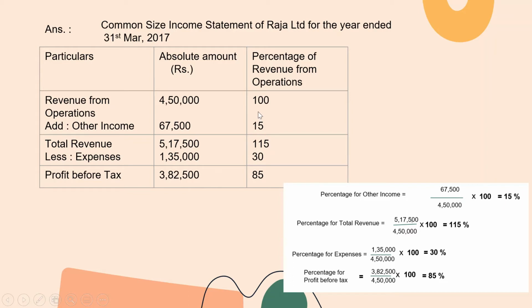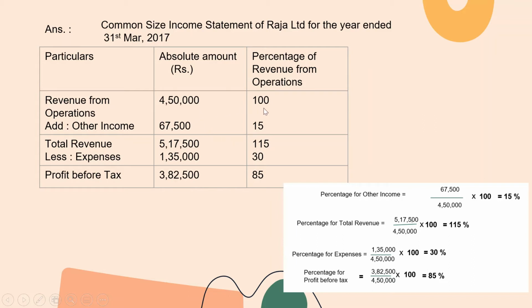And now after doing this calculation, come to the third column, you write it as percentage of revenue from operations. Here we are keeping revenue from operation as the common base, so you put 100 for that. And now the calculation I have shown here.